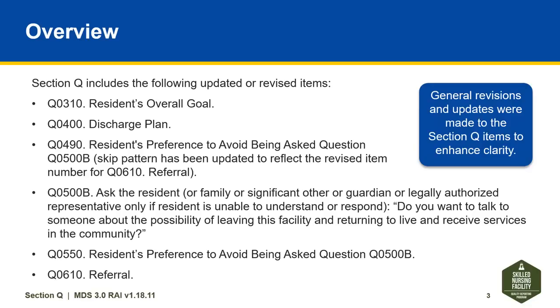Other updated or revised items for this section are Q0500B, ask the resident or family or significant other or guardian or legally authorized representative only if resident is unable to understand or respond, "Do you want to talk to someone about the possibility of leaving this facility and returning to live and receive services in the community?"; Q0550, residents' preference to avoid being asked question Q0500B; and Q0610, Referral.